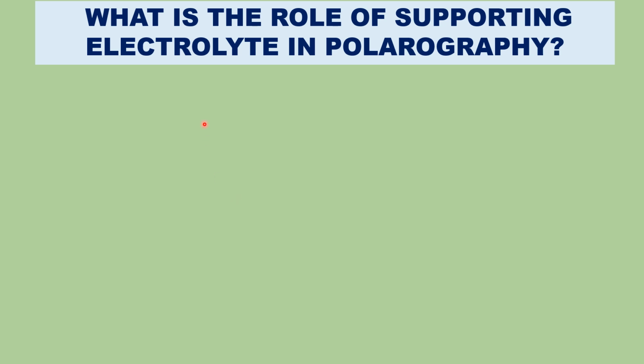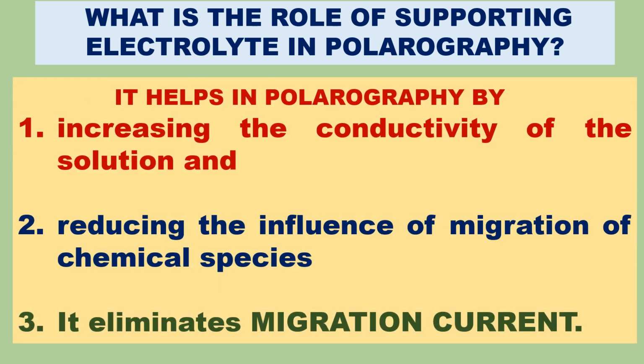In our case, migration current is not observed from the graph, the polarograph. Why is it not observed? Because of the role of supporting electrolyte in polarography. In many exams, they will ask what is the role of supporting electrolyte in polarography. It helps in polarography by increasing the conductivity of the solution, because the electroanalyte concentration is very small, millimoles per liter.